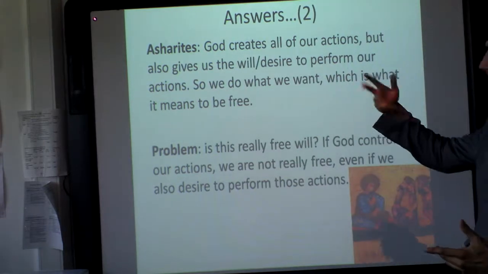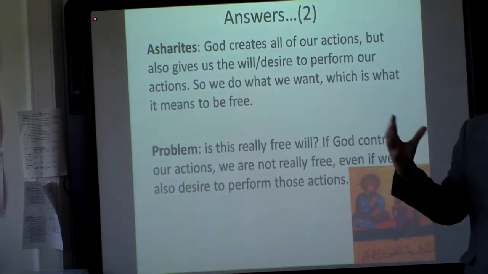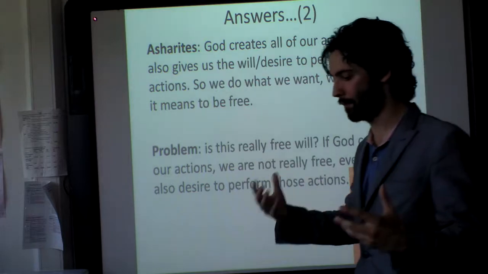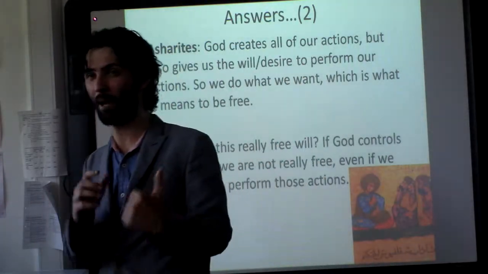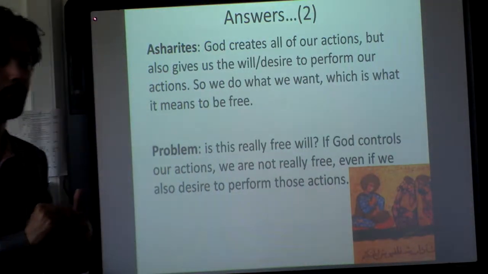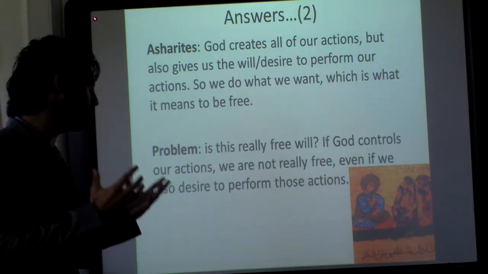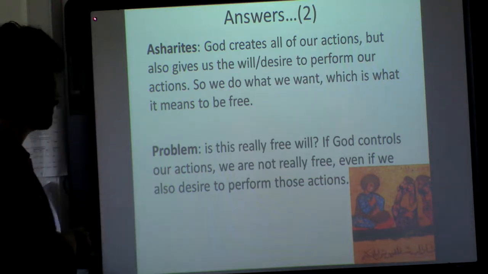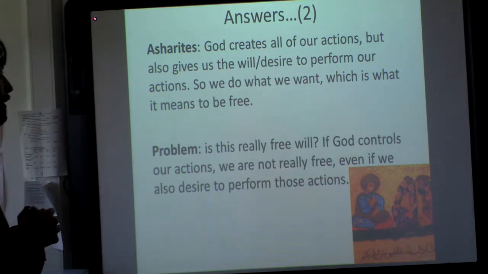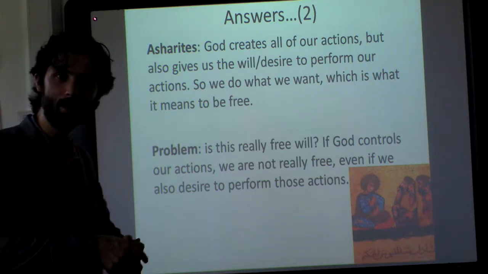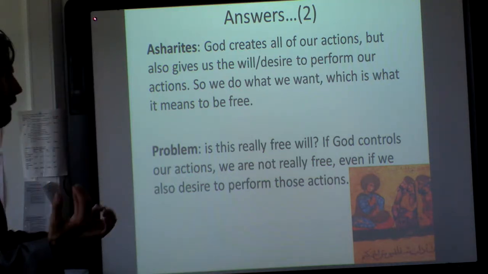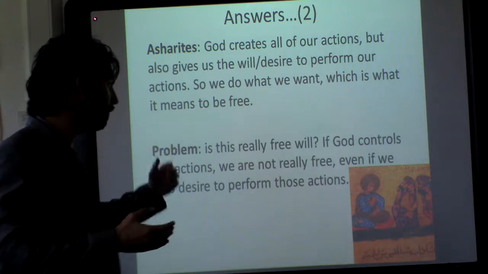So this kind of theory of free will has often been called compatibilist, because it makes, or at least it tries to make, free will compatible with determinism. But is it really free will? Surely if God controls every one of our actions, then we're not really free, because we're not choosing our actions, even if we just happen to desire to perform those actions.